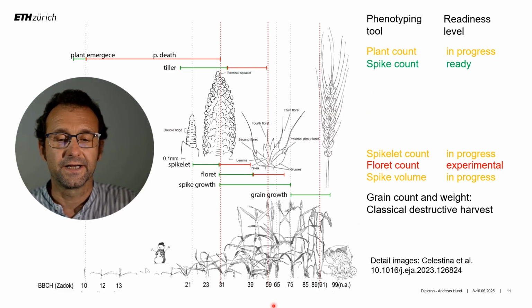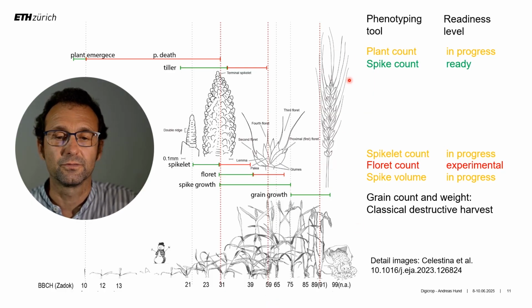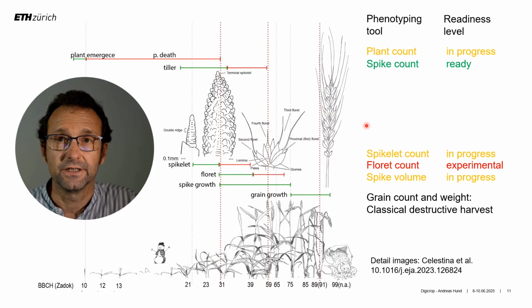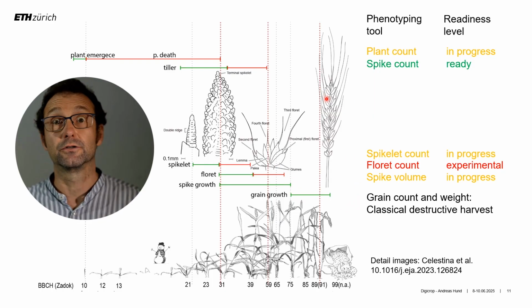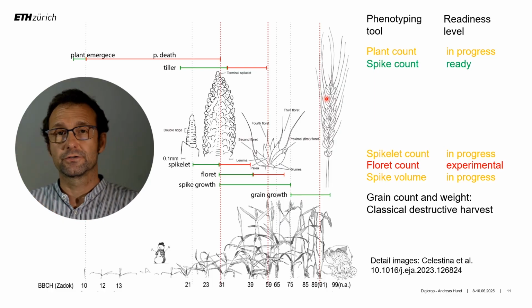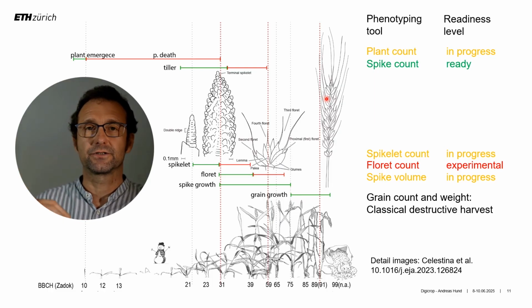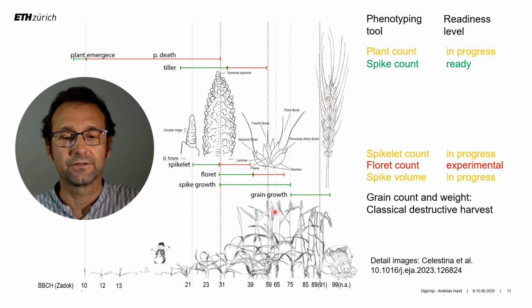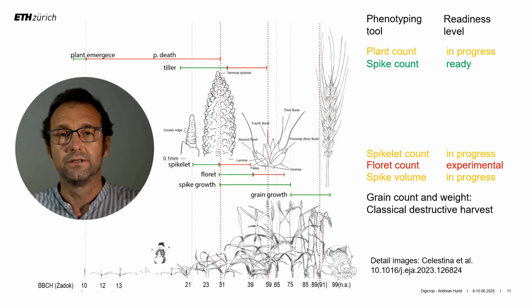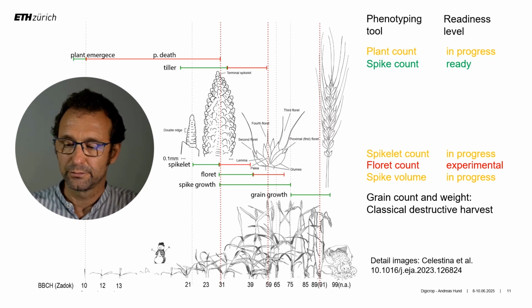And we would like to, in the end, measure, for example, the volume of the spikes, and I'm coming later to that. And then the last thing is that many of these florets are not only growing, but they are also surviving and set seeds. So we have a high number of seeds, which is then determined somehow into grain filling, and then the final product would be a high grain weight per unit seed.